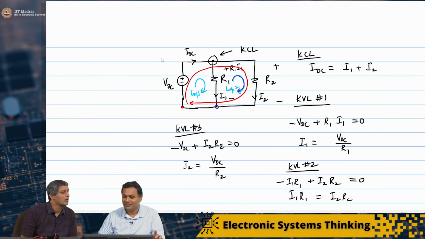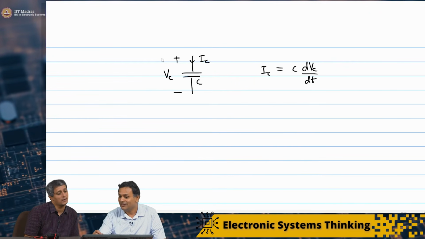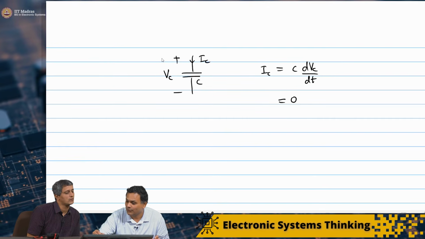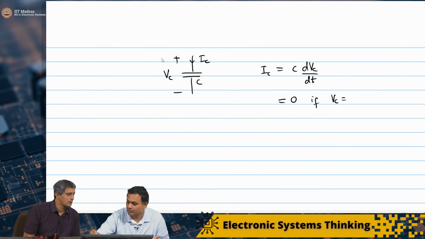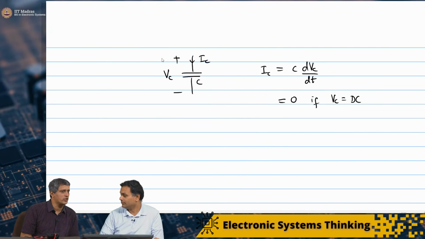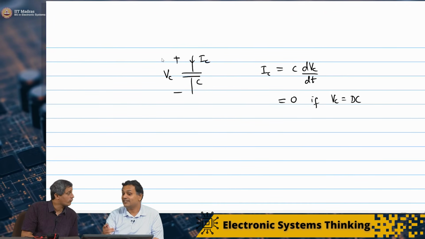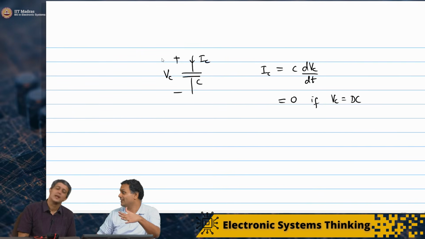If I give a constant voltage, the capacitor current is 0. So you could potentially get a resistance of infinity from this meter, because current is 0, it's an open circuit.